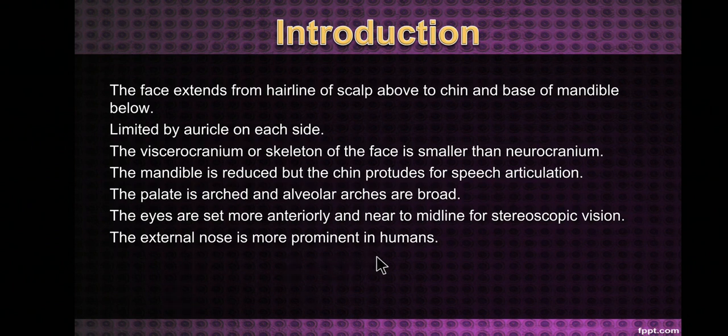So that is why for a stereoscopic vision, the eyes are more anteriorly migrated, and the external nose is prominent in humans. So, the nose, what we have is the bridge of the nose, tip of the nose, all are characteristic features of the humans. It is very much sharp. Whereas the nostrils or the openings are large in the lower forms, and the sense of olfaction is very well developed in the lower forms.